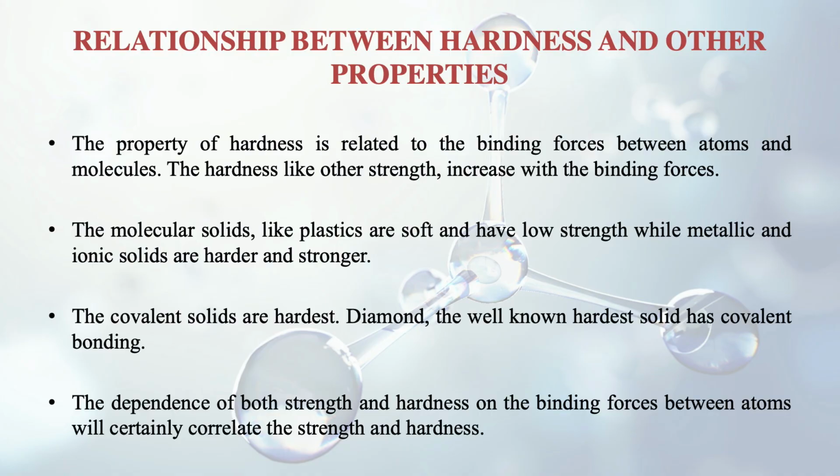The dependence of both strength and hardness on the binding forces between atoms will certainly correlate strength and hardness. So this molecular compactness between the atoms will help us to correlate the strength and the hardness.